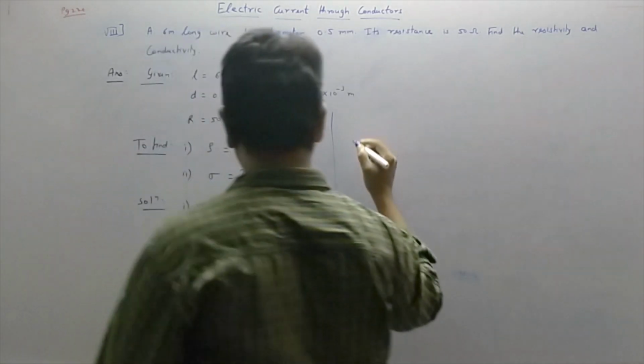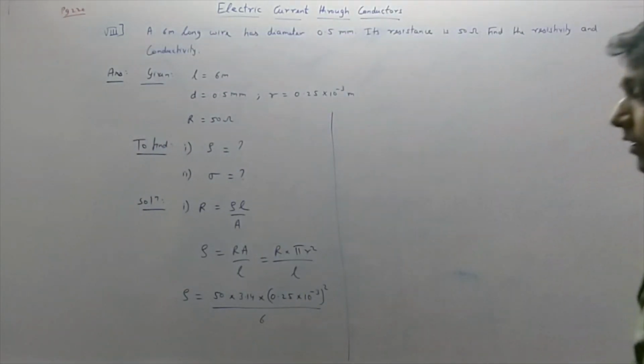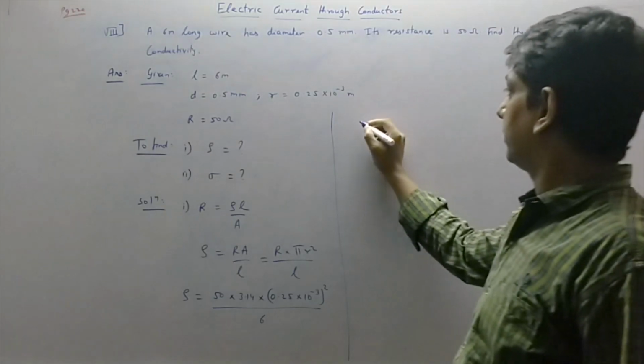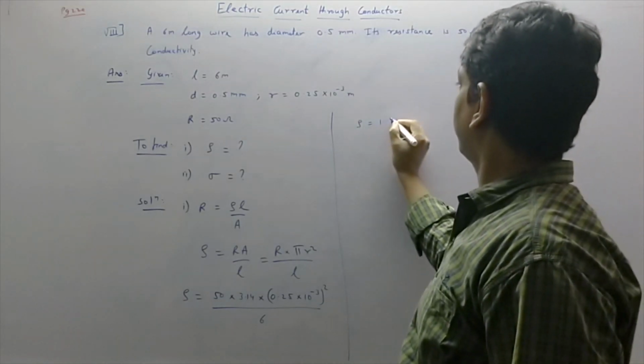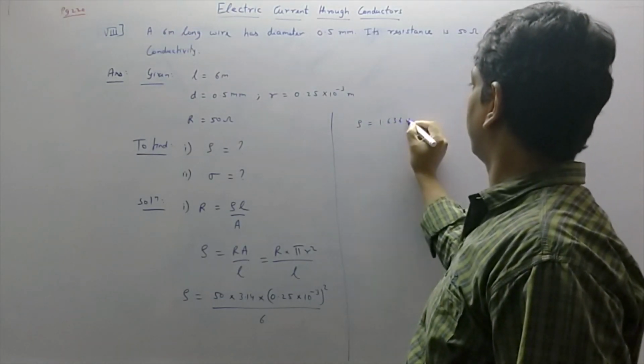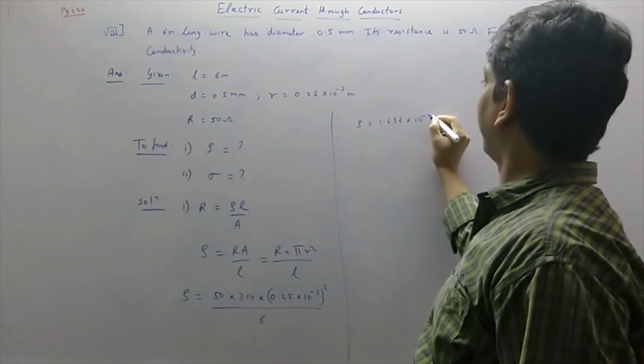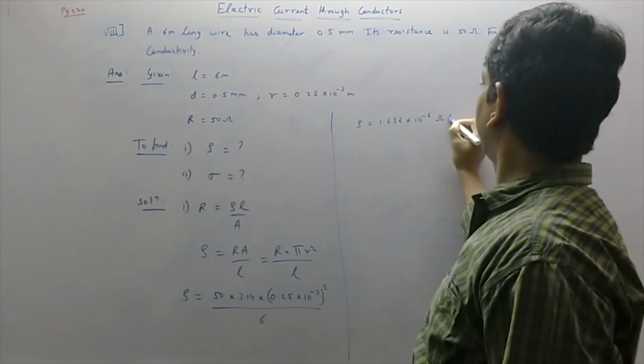If you find this value entirely, you will get rho as 1.636 into 10 raised to minus 6 ohm meter.